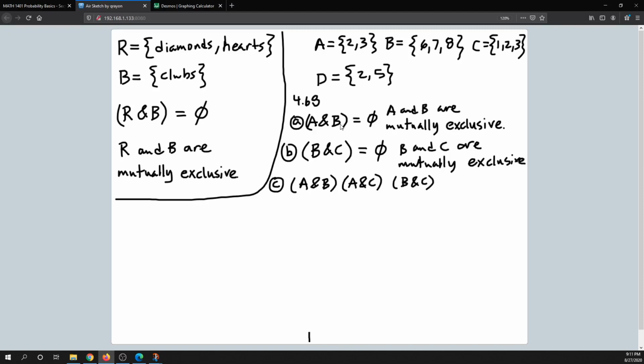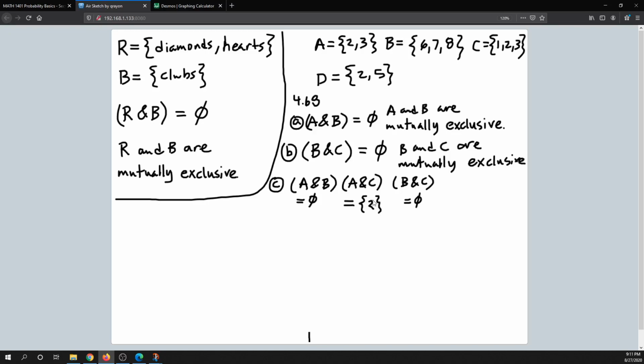We've already done A and B, and we know that is empty, and B and C is also empty. So the only one we really have to do extra here is A and C. A is 2, 3, and C is 2, so A and C is the event containing horse number 2.